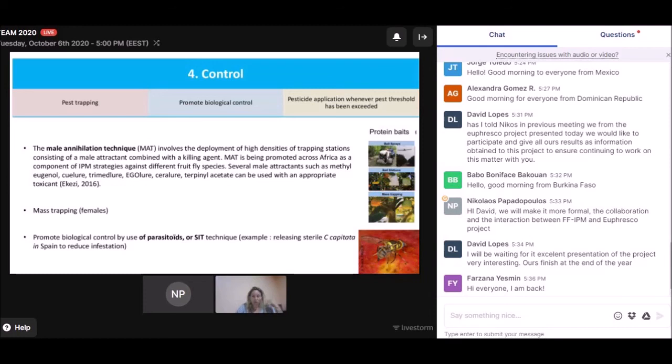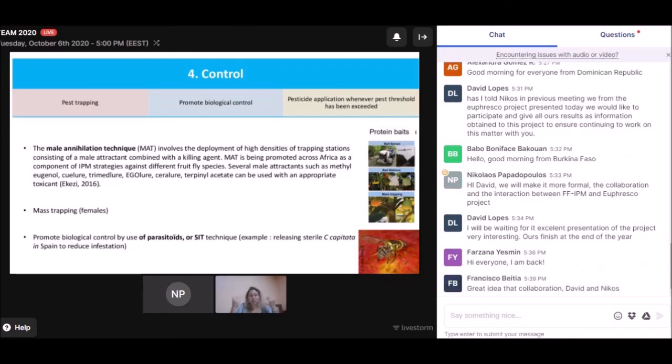So when all these measures have been applied in different places, and our thresholds are exceeded, it is only at this moment that pesticide application can be used, as little as possible, especially when they are very efficient on the very species.